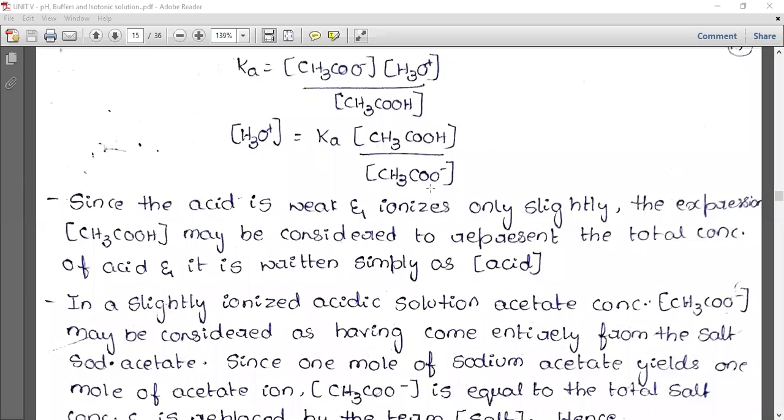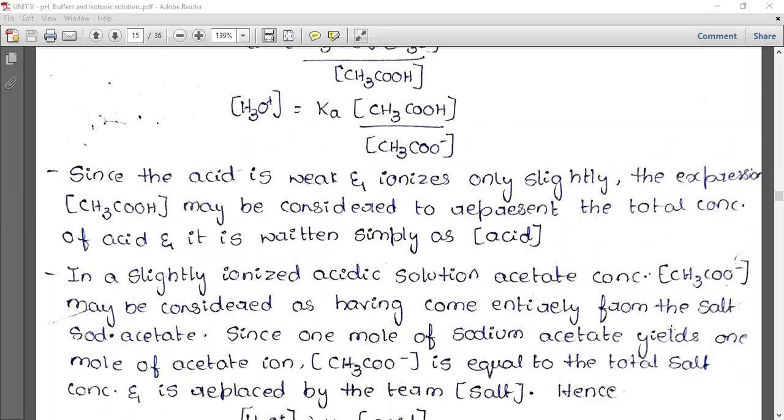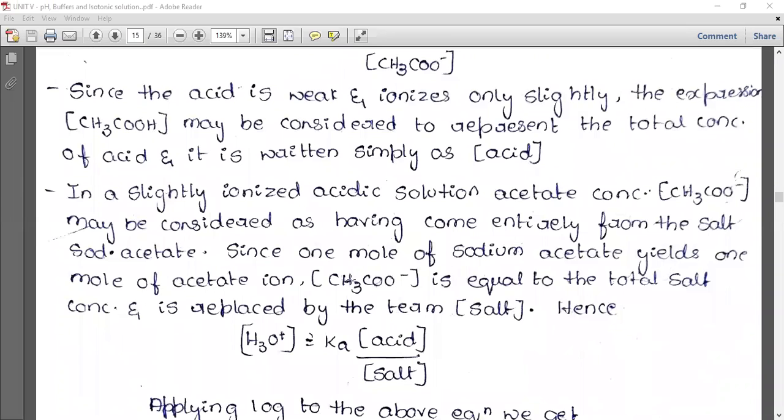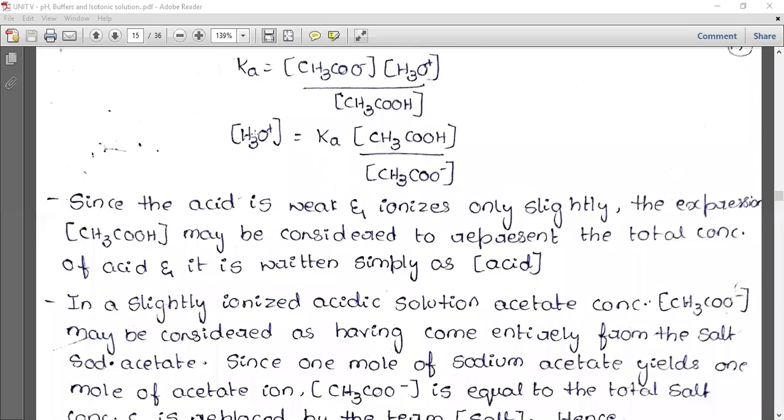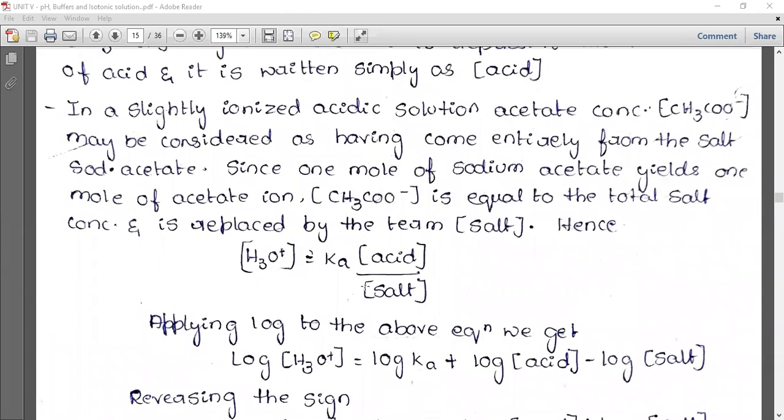Whereas in this case, sodium acetate will completely dissociate. It will give totally, however much is the moles or concentration of sodium acetate, that much only. That is why we are considering that totally we are obtaining acetate ion from salt. So this expression now changes to H3O plus is equal to Ka into acid divided by salt.